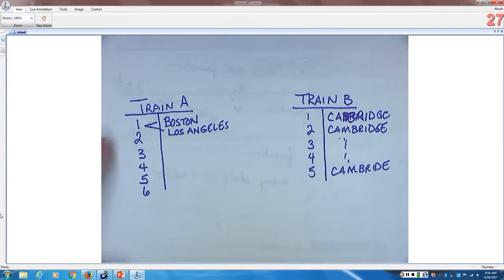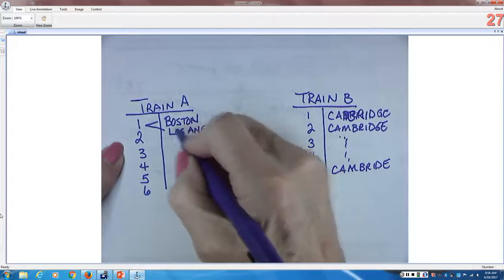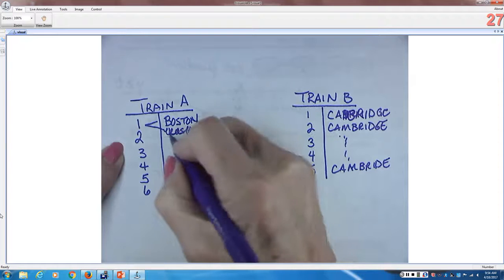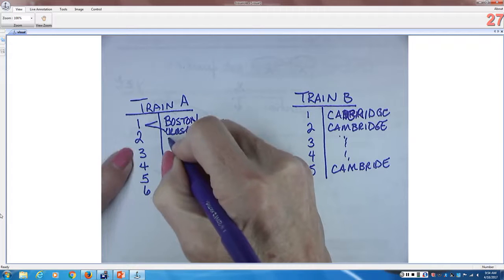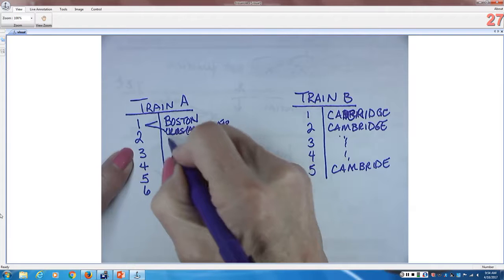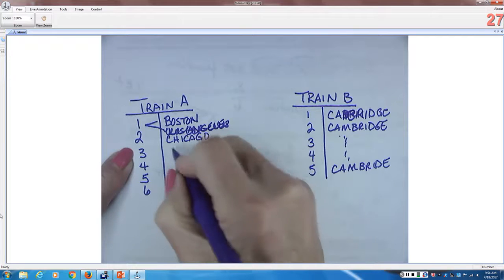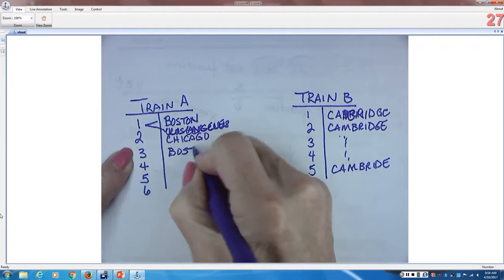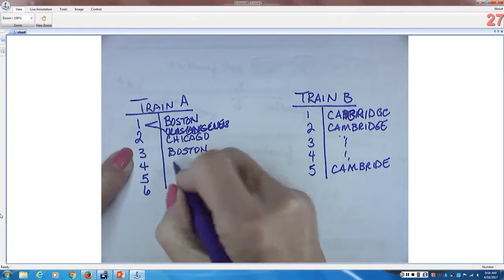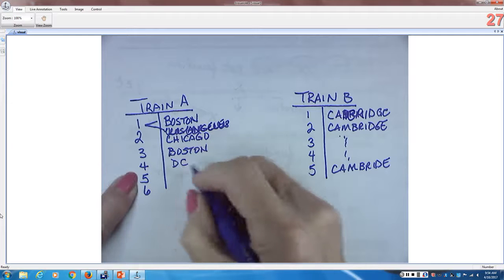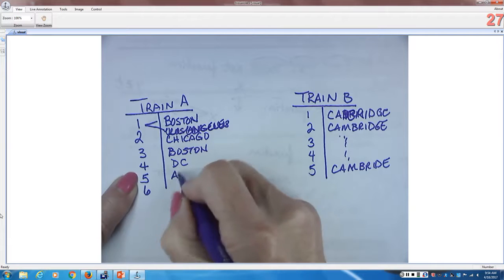Now, train A, if it's going to be a function, might go to Boston. And then the next day it might go to Chicago. And the next day it might go back to Boston again. And then it might go to DC. And then it might go to Atlantic City.